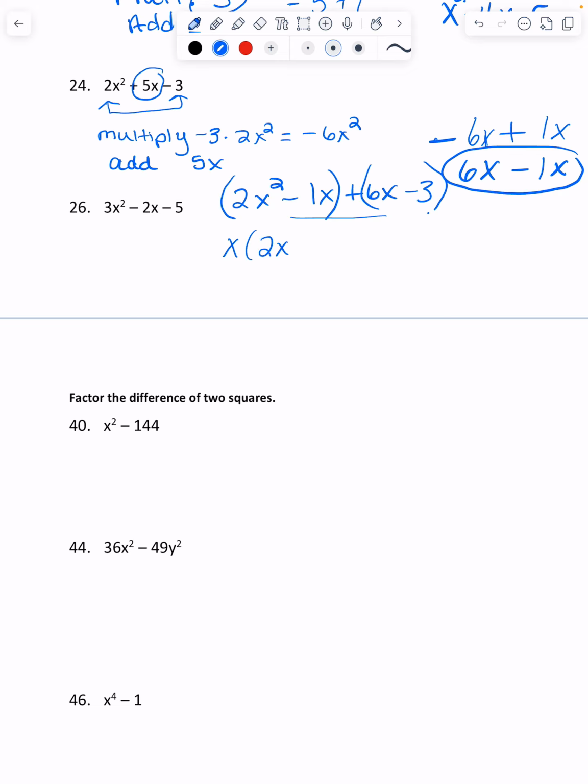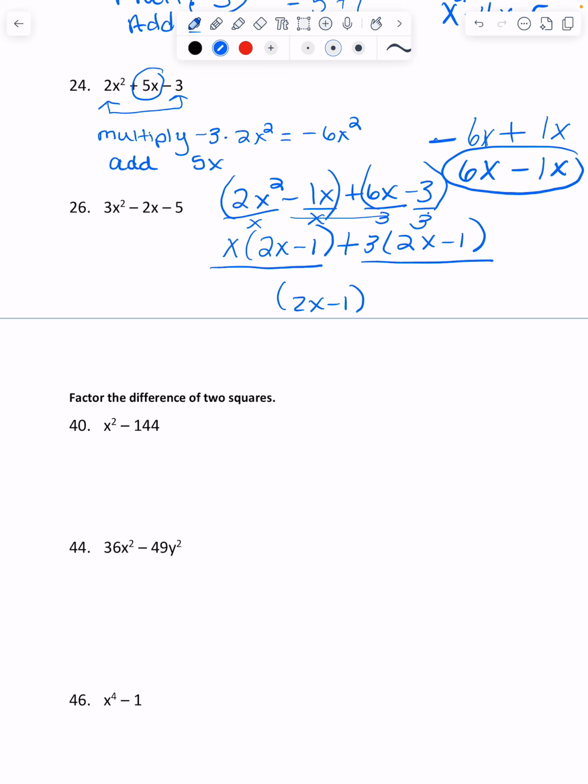That'll leave me with 2x minus 1. I'm going to factor out a 3 out of the second grouping. That's going to also leave me with 2x minus 1. And again, if you're making common mistakes, you can show that I'm dividing the first terms by x. I'm dividing the second terms by 3. Remember with the grouping problem, what's left inside parentheses should be the same.